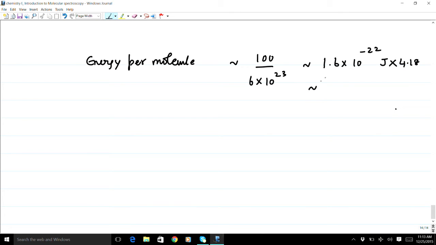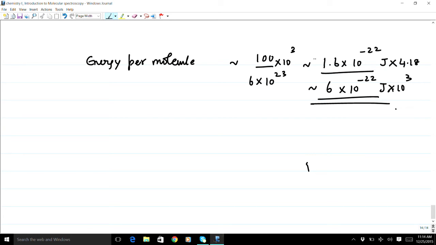So, you are looking at approximately 4 into 1.6, it is about 6 into 10 to the minus 22 joules. Okay. There is also an order of magnitude missing: it is 100 kilocalories, therefore you multiply by 10 to the 3. So, you get about 10 to the minus 19 joules.